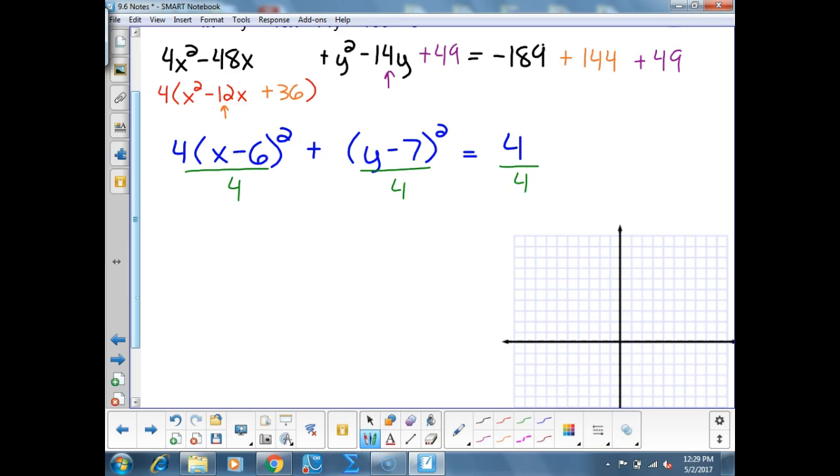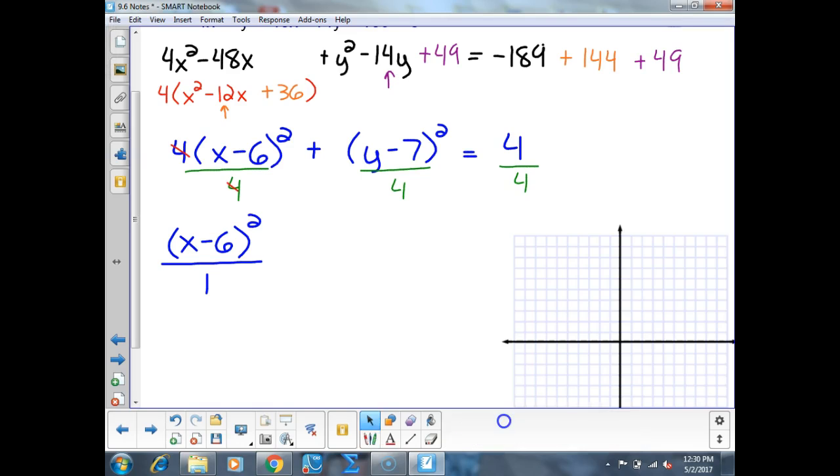So that gives me the quantity x minus 6 squared divided by 1, plus y minus 7 quantity squared divided by 4, equals 1. Now does it look like an ellipse?